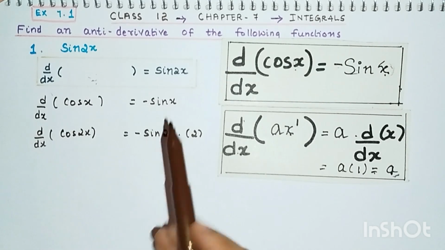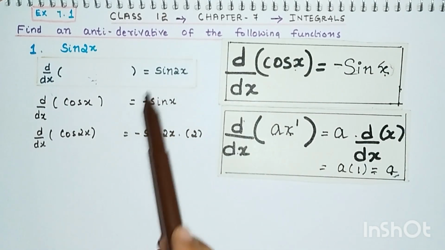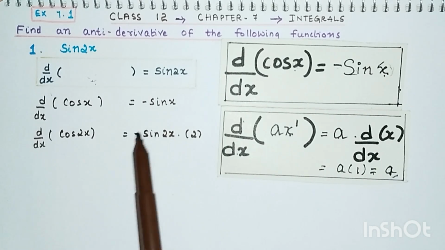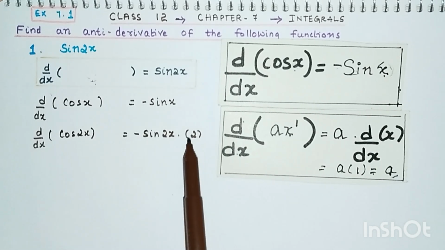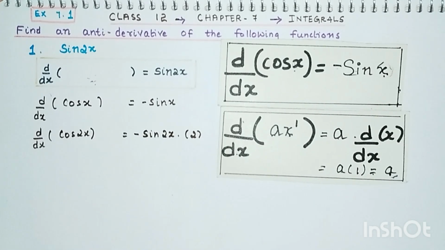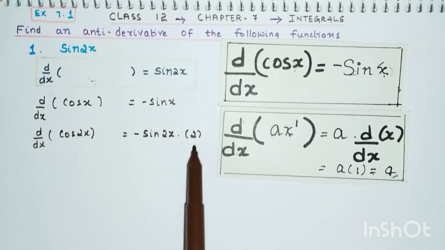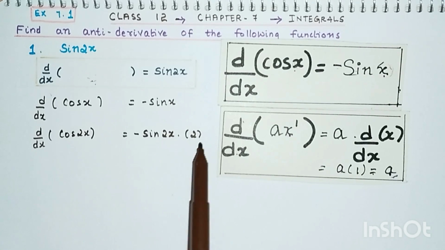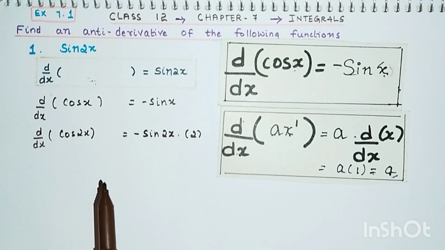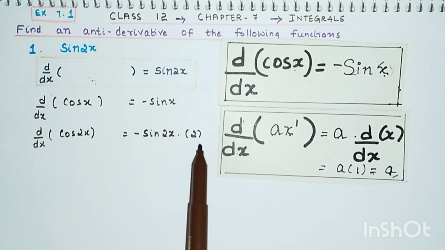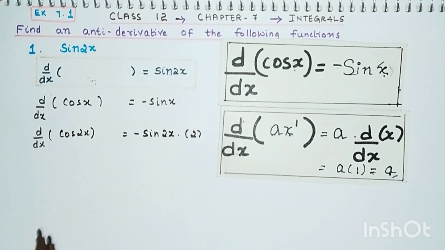Okay. See, again we did not get what we wanted. We want sine 2x, but we have minus sine 2x into 2. So we want to delete this minus sign, and we want to delete this 2. So how can we do it? We know minus into minus is plus, right? And if we divide this by 2, 2 by 2 will become 1. So we have to multiply by minus 1, and we want to divide by 2 also.